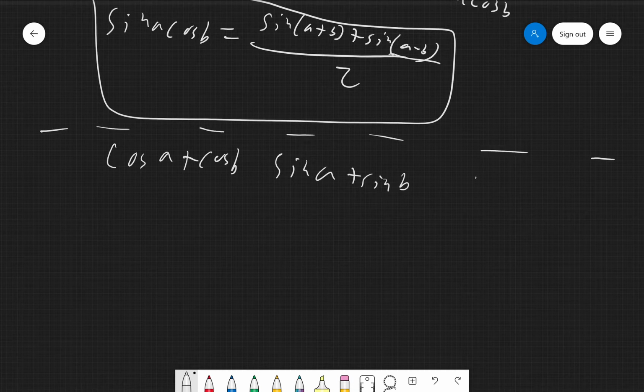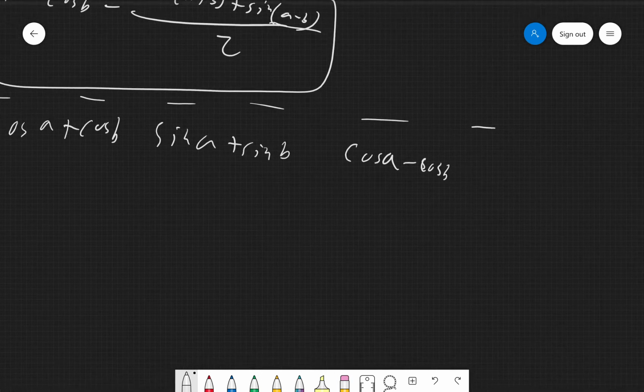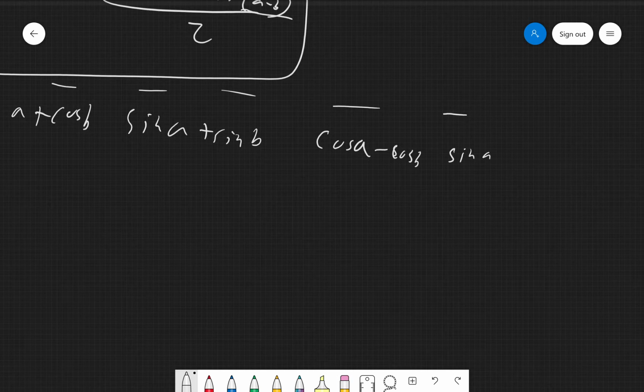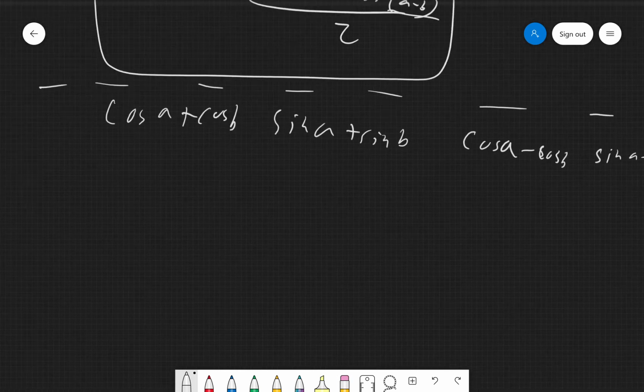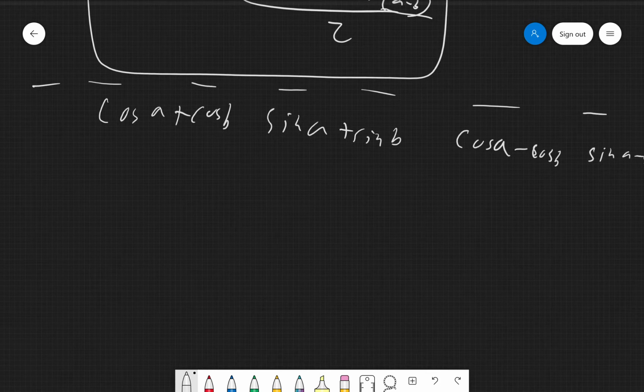Then we're gonna do the cosine of a minus, wait, we're not going to do cosine sine. Instead, we're going to do cosine of A minus cosine of B, and sine of A minus sine of B. And the last one we could have done division, but we didn't, because we're rabid savages.